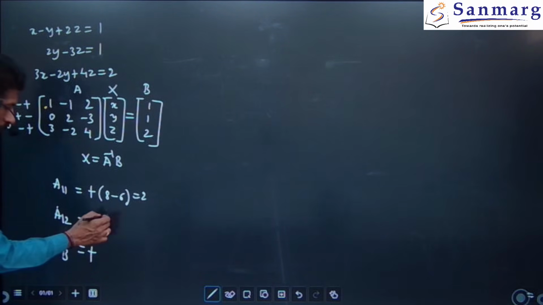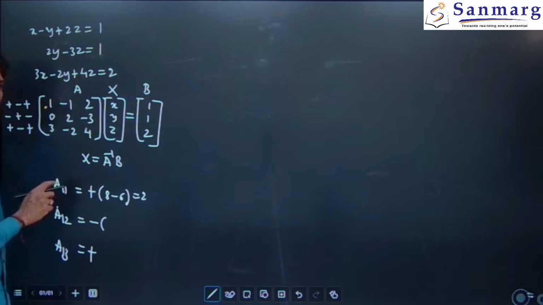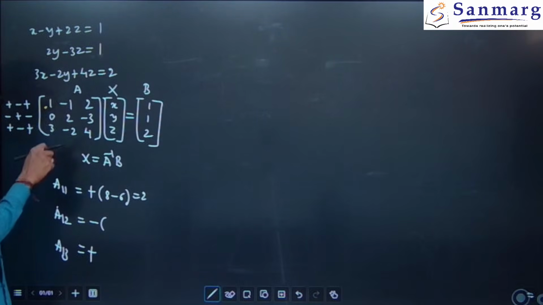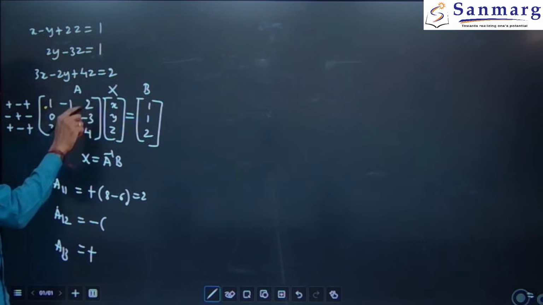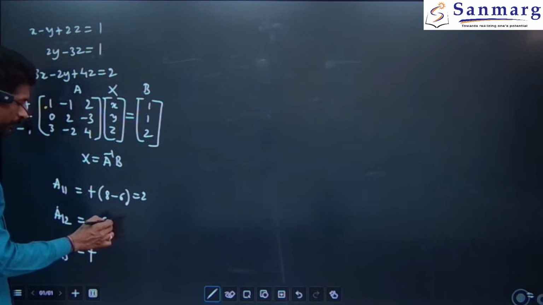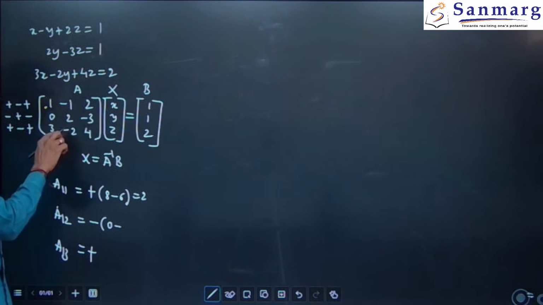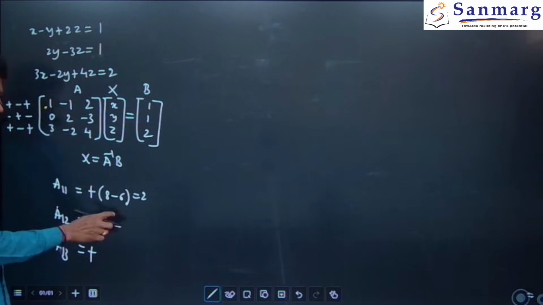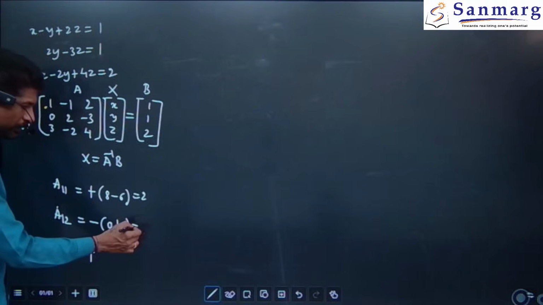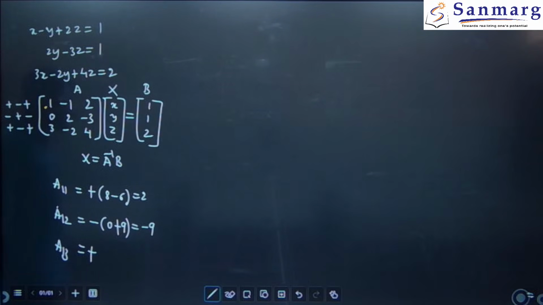The second cofactor, A12, first row second column element: you have to eliminate the first row and second column. 0 into 4 is 0, minus 3 into minus 3 is minus 9, but minus of minus becomes plus 9, but plus 9 into minus sign is minus 9 itself. That is the second cofactor A12.